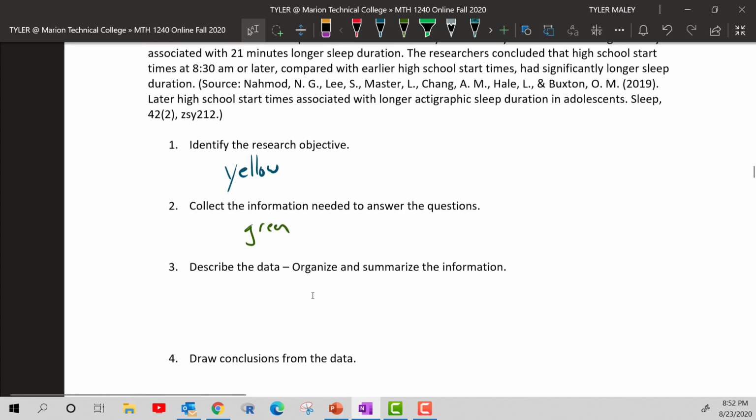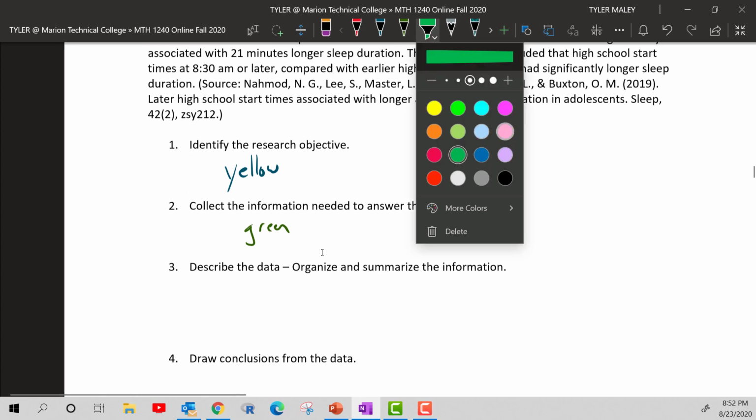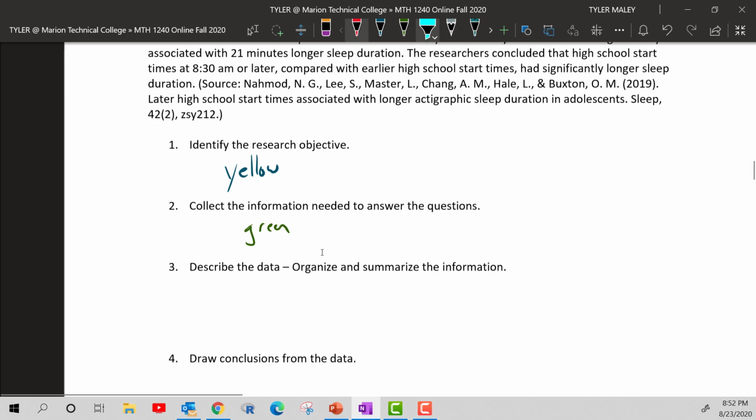So then number 3, we want to describe the data, organize and summarize the information. So I'll highlight this in blue, like this aqua color, I guess. I already did blue, so I'll just call that aqua.